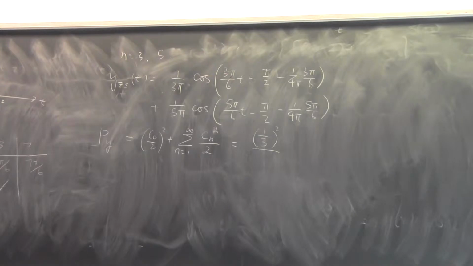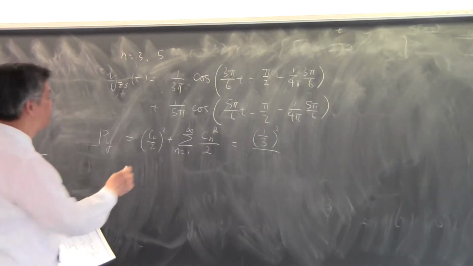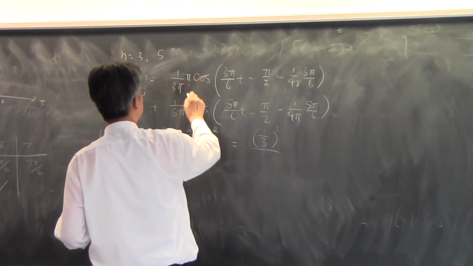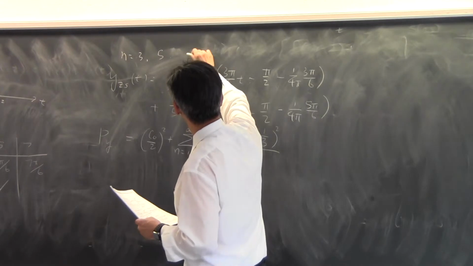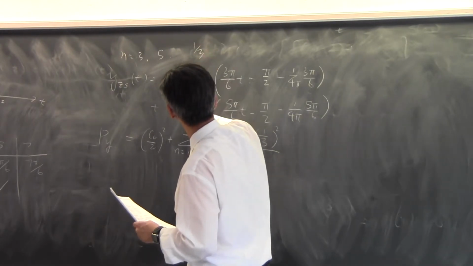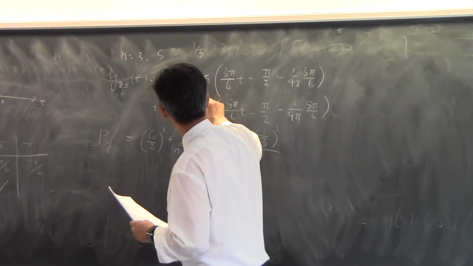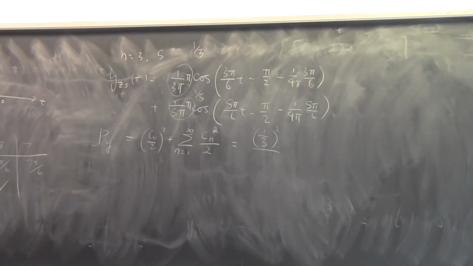There's a pi here, and there's a pi that multiplies this thing as a result. So this is just 1/3. This in total becomes 1/3, this in total becomes 1/5. Okay, I was missing a pi over here.